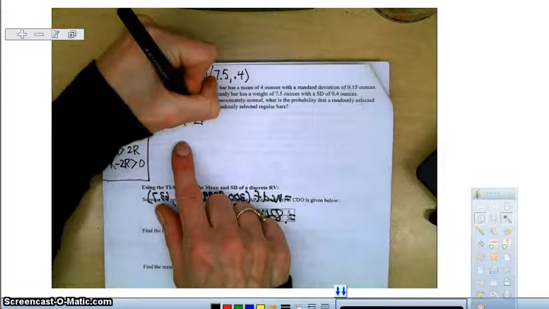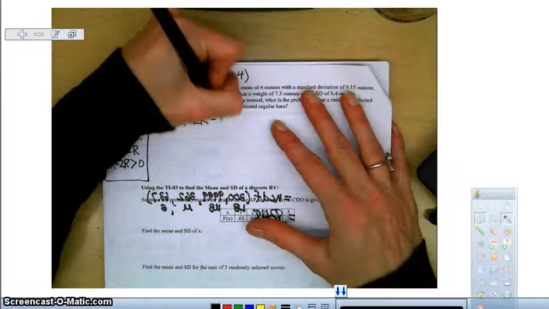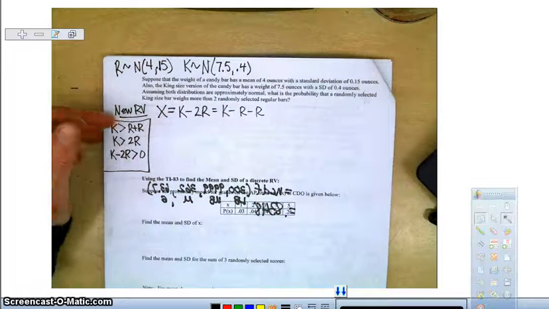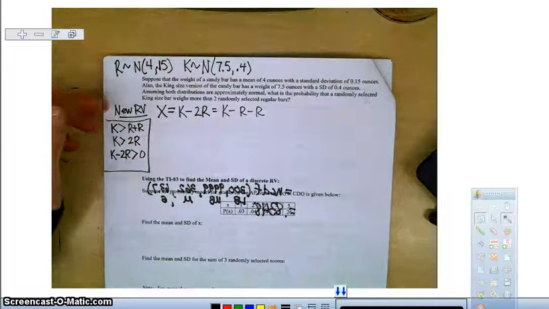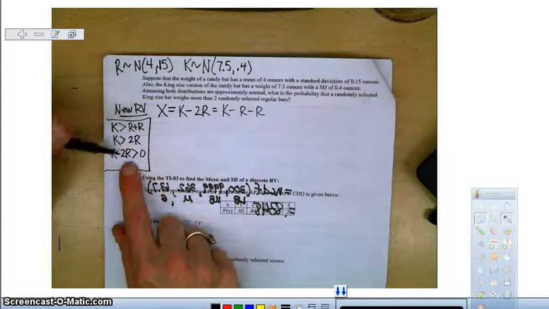I actually prefer, just for computation's sake, to write it as k minus r, but it really doesn't matter. I think you'll make fewer mistakes on the computation of the standard deviation if you write it that way.